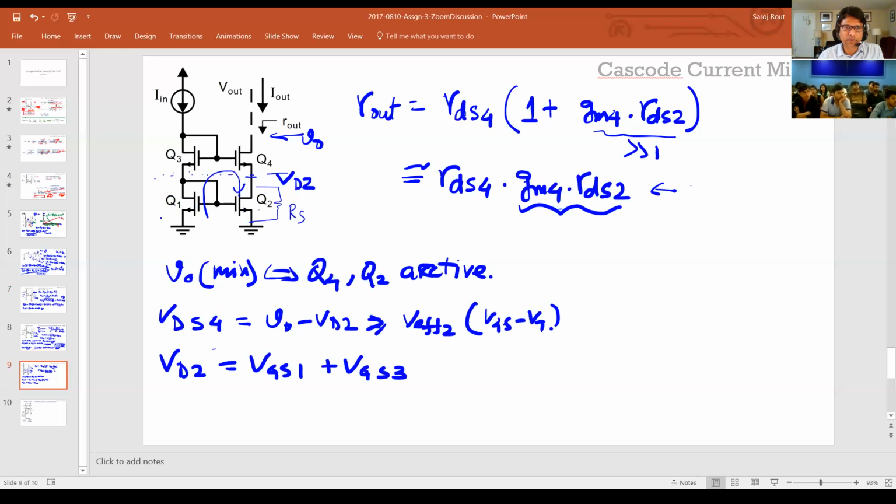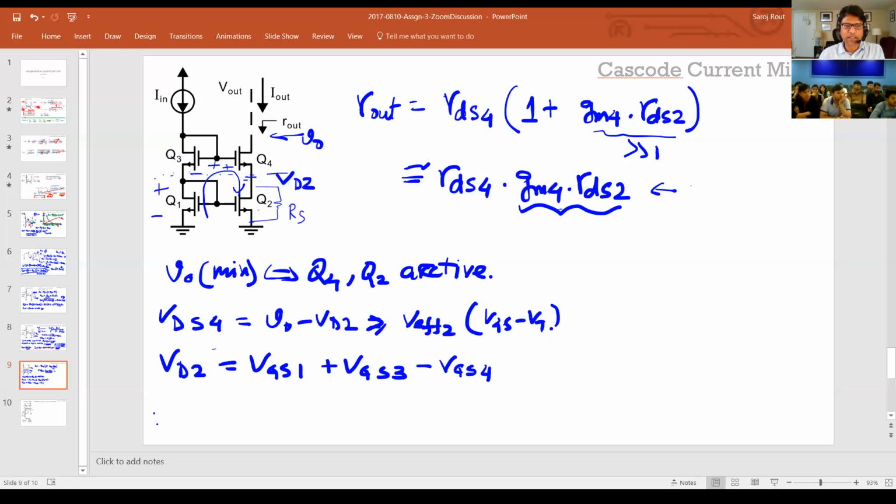So this voltage from this node to here is VGS1, and from here to here is VGS3. Then you subtract VGS4. That's your VD2.